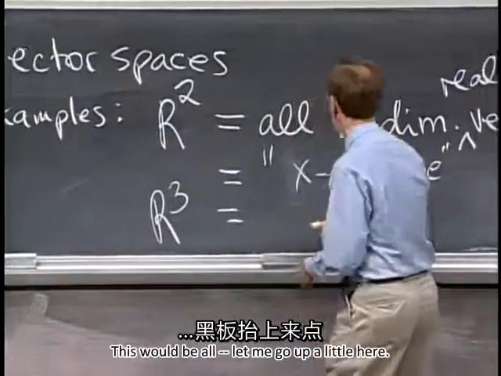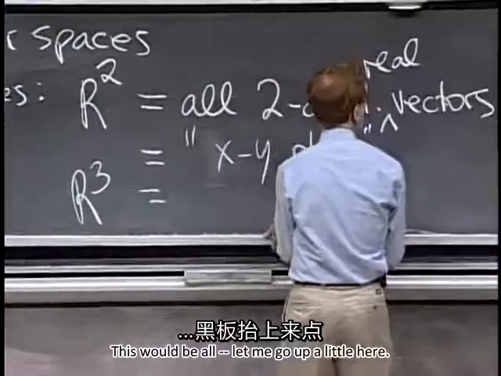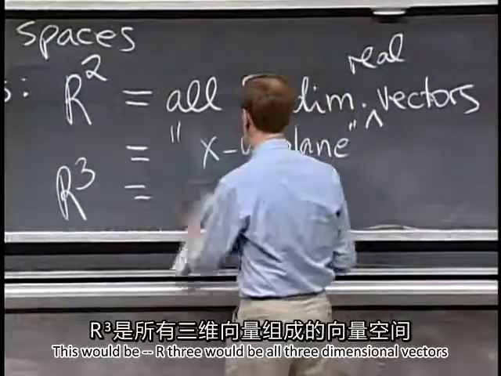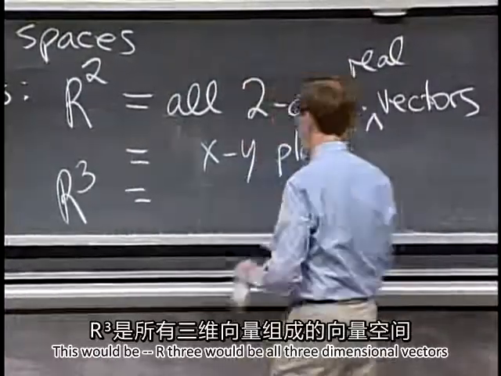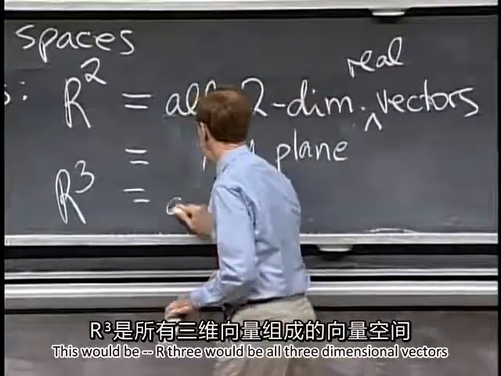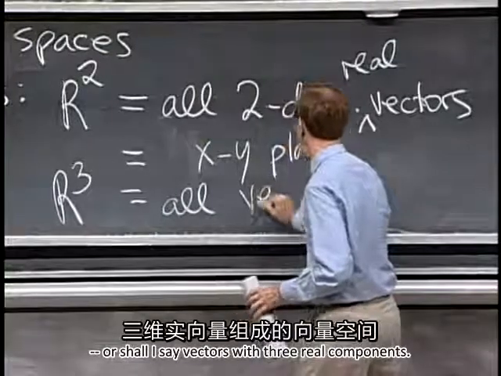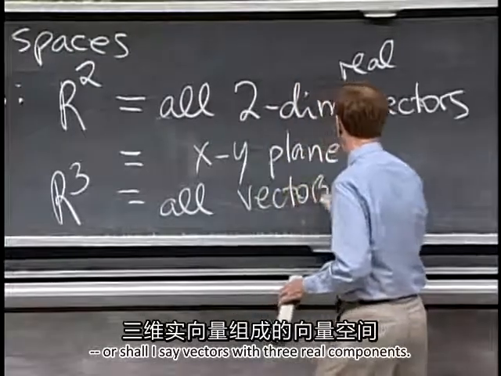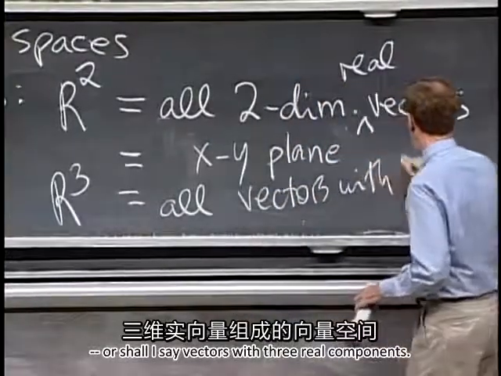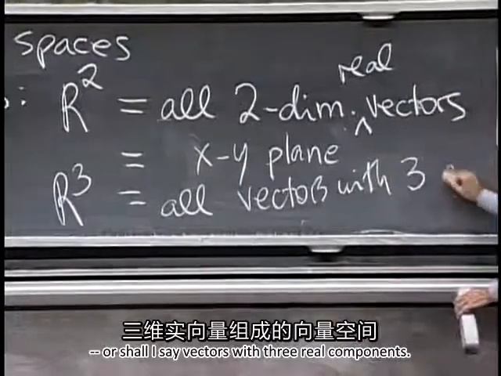R3 would be all three-dimensional vectors. Or shall I say vectors with 3 real components?